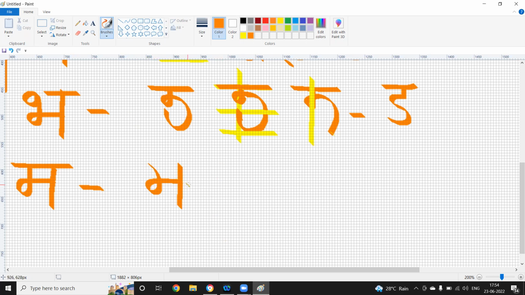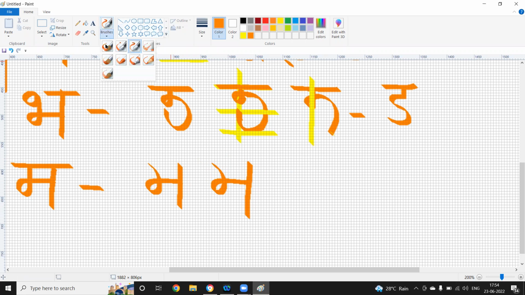Last time also I had told that you should keep making a note on the side of the notes where you are writing all these letters: the letters with the shirorekha and without the shirorekha, because we are going to learn some rules on the basis of the shirorekha. So basically in the beginning there is this curve, and here we draw this round shape, then there's a straight line, and then this vertical stroke. So this is ma without the shirorekha.